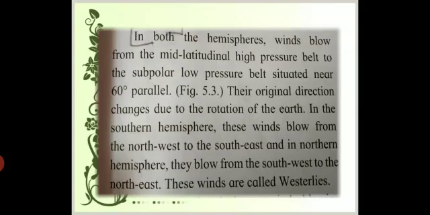Figure 5.3. Their original direction changes due to the rotation of Earth. In the southern hemisphere, these winds blow from the northwest to the southeast, and in the northern hemisphere, they blow from the southwest to the northeast. These winds are called westerlies.